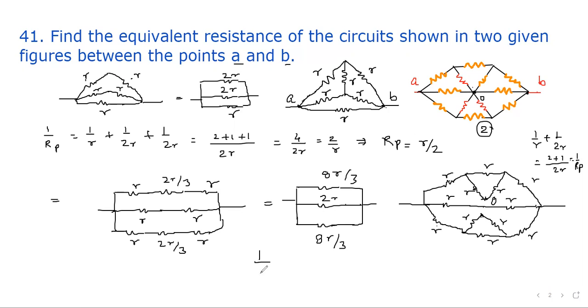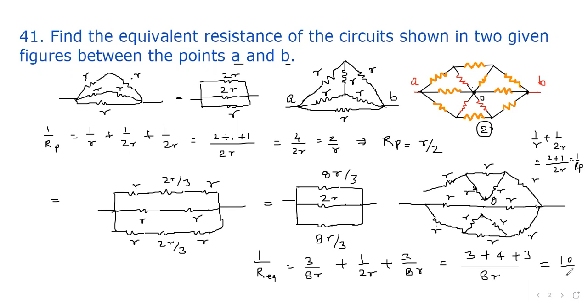So we find our equivalent: first one will become 3 upon 8R, second one will become 1 upon 2R, plus this will become 3 upon 8R. We take LCM, LCM will be 8R, then 3 plus 4 plus 3, that is 10.